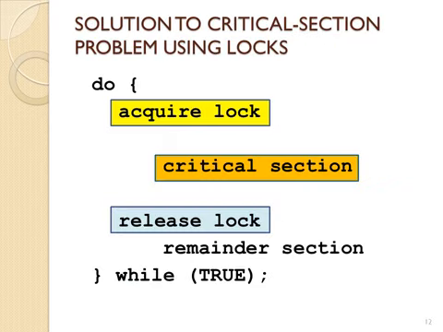So if you take a quick look here, the critical section problem using locks is the same setup, only instead of being just implemented as software, you have hardware assist with this, where a process will acquire a lock, go in and use the critical section, and then release the lock.